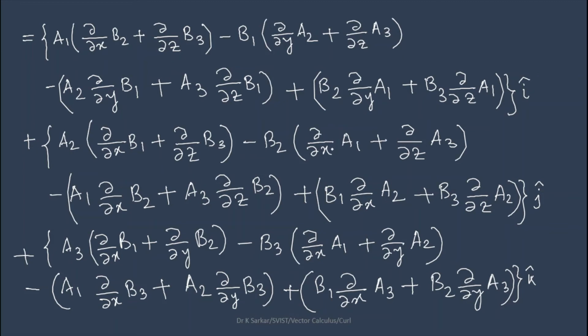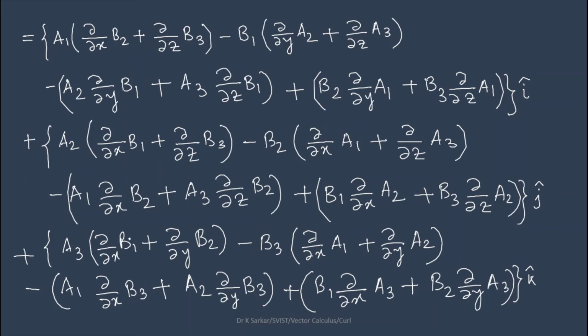And here del x a1 plus del z a3, so we need del y a2. And here we need del x b2, del z b2, so del y b2. Similarly, here we need del x a2, del z a2, we need del y a2 with b2.